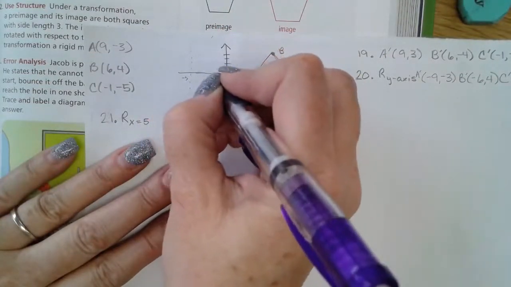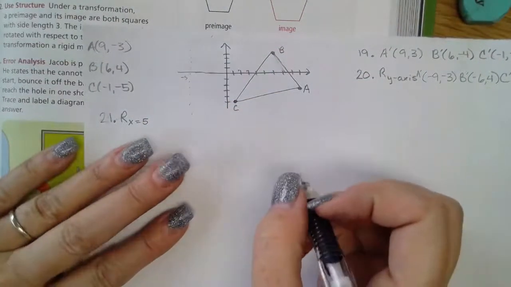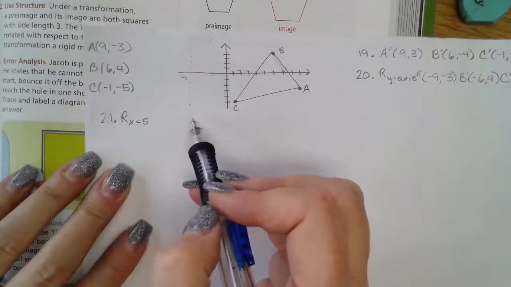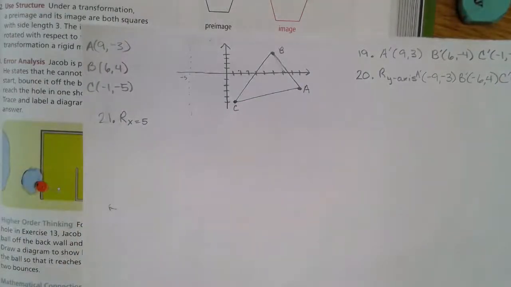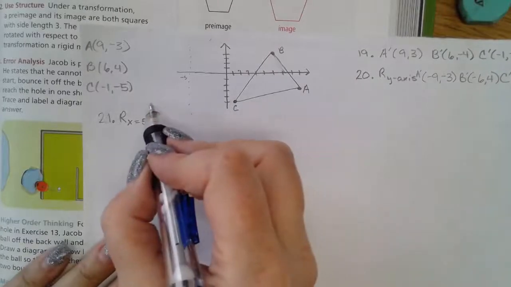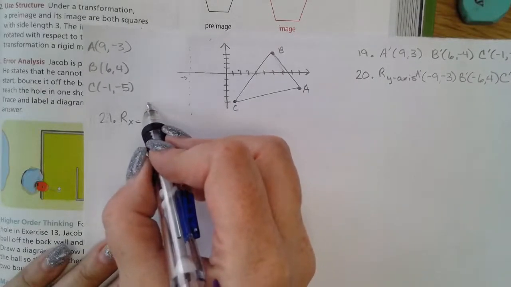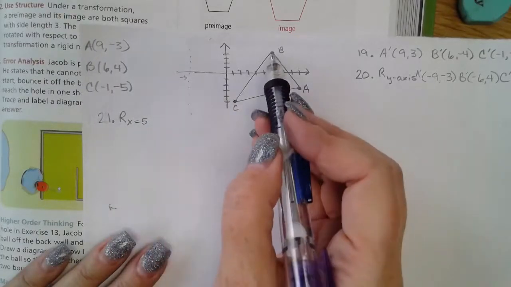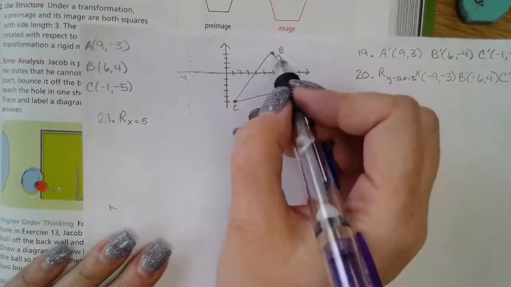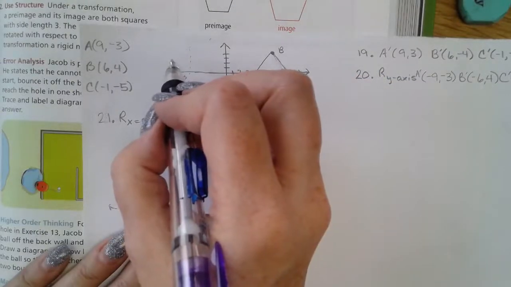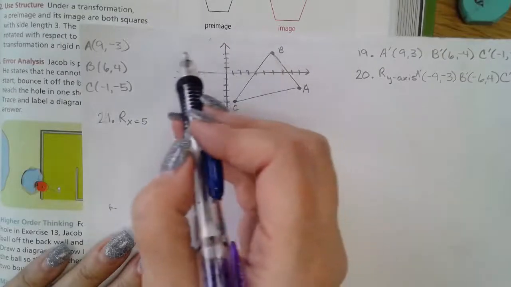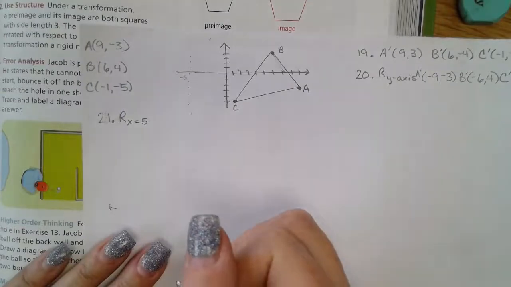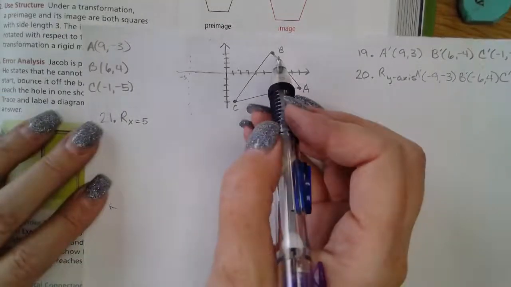I know that this is a perpendicular bisector. Bisector means equal parts, correct? So when I move this point over here, it has to be the same distance from -5 that it is right now, doesn't it? And here, the same thing. Are my y's changing? No. What's changing? My x's. So my y's are going to stay the same. I need to find out how far A is from -5.